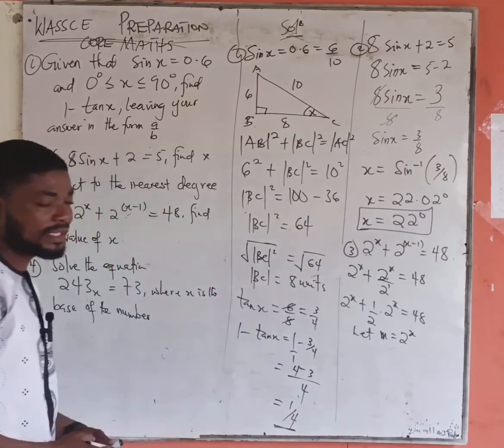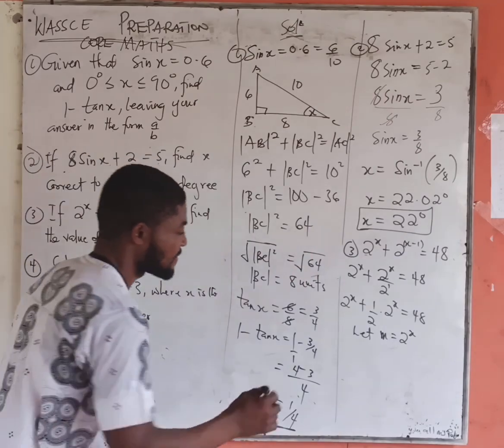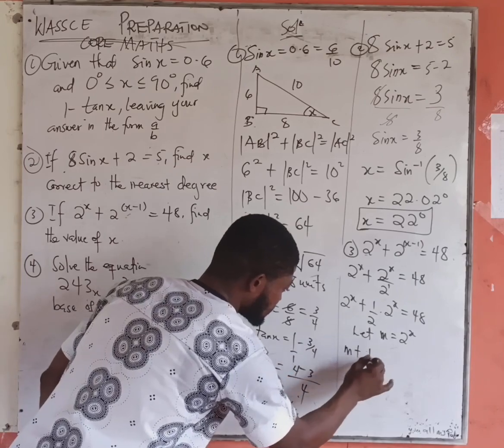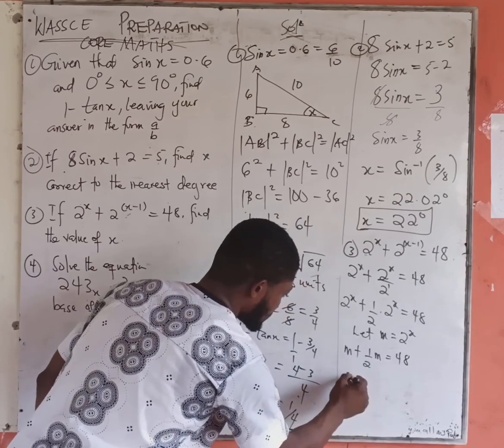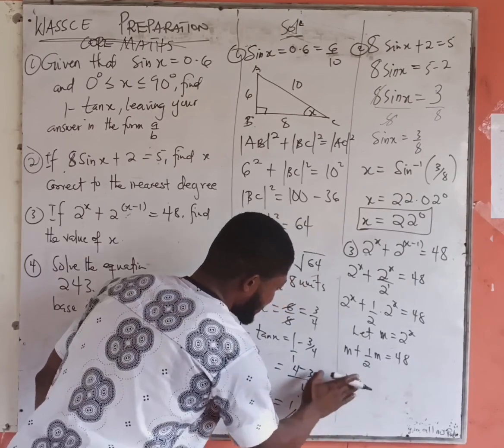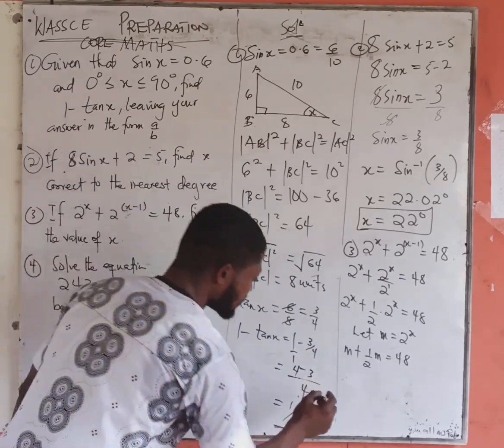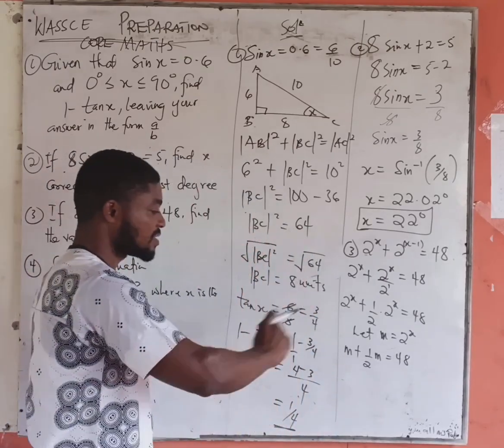So I'm letting m be equal to 2 to the power x. LCM here would be 2. Or I can just multiply 2 by 2.